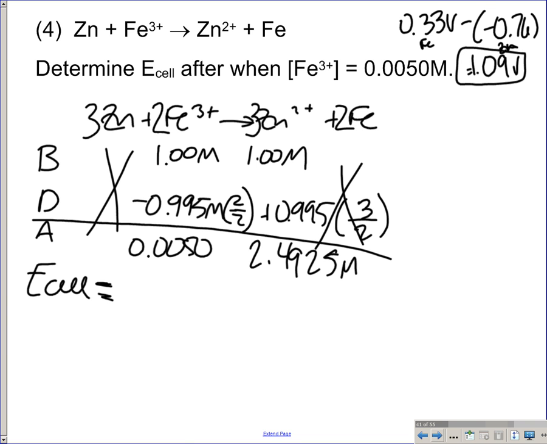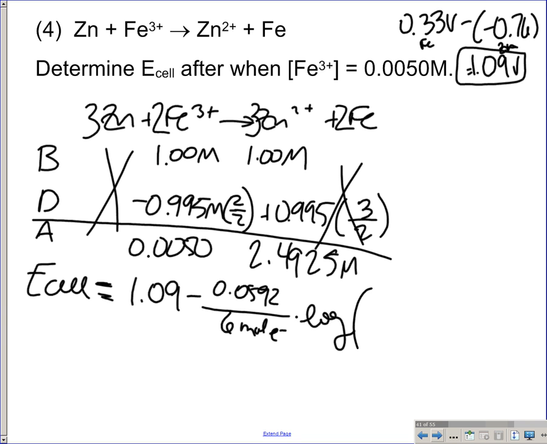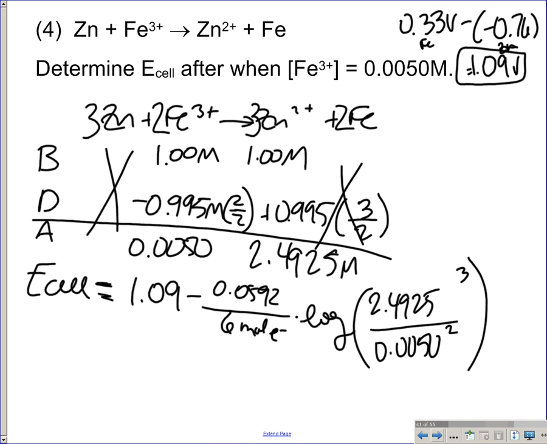So 6 moles of electrons. Watch the third. Zinc is a 3 coefficient over 0.005 squared, because we talked about the balancing of electrons earlier.